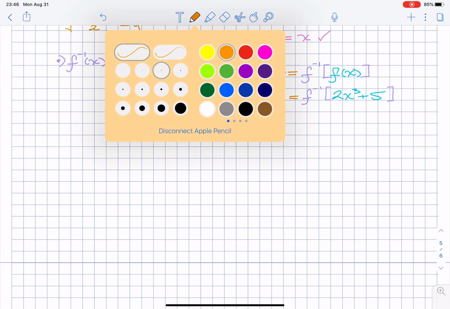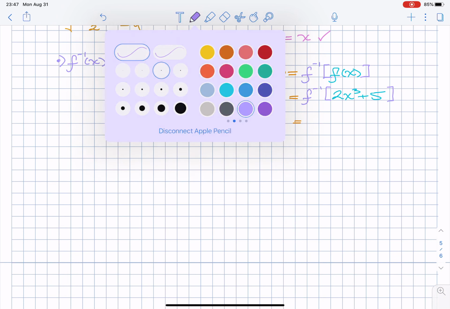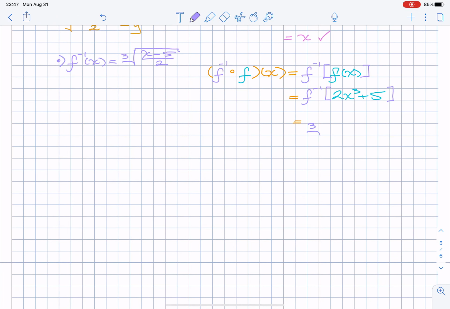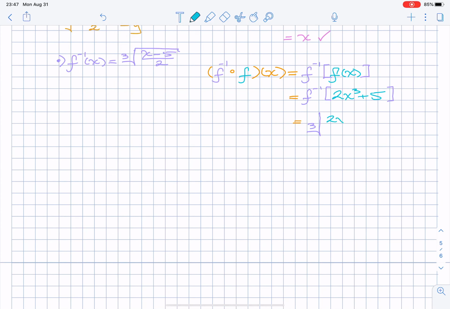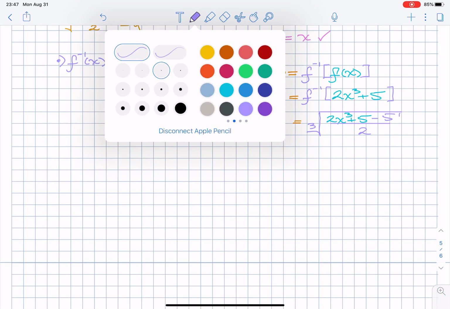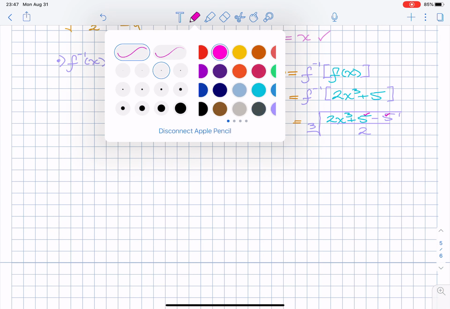Okay, so what does f inverse do? It takes the cubed root of the input, which is 2x cubed plus 5. It subtracts 5 from that input, and then it divides by 2. Okay, so we can see that 5 minus 5 sums to 0.